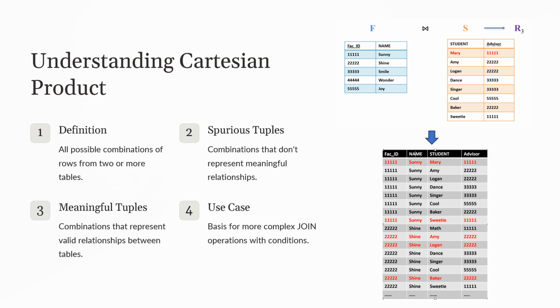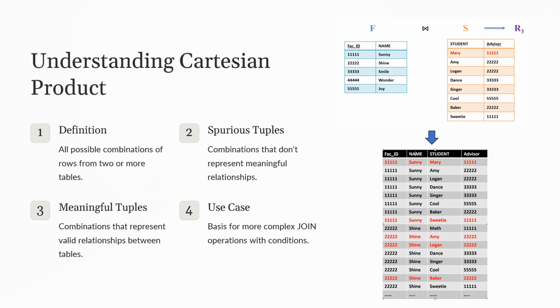Like in this case, the faculty member can pair with a student that they don't advise or don't have a relationship with at all. So the meaningful way to deal with this is that we need a valid relationship where rows are logically connected, like a student and their actual advisor. Adding a join condition prevents these spurious tuples.